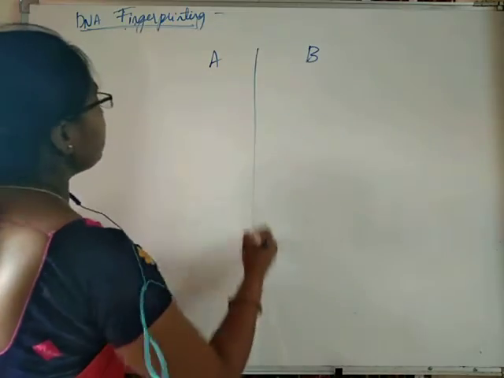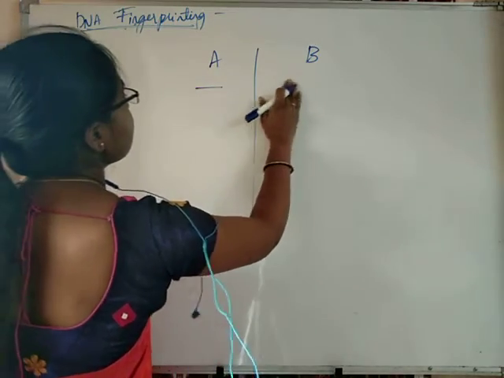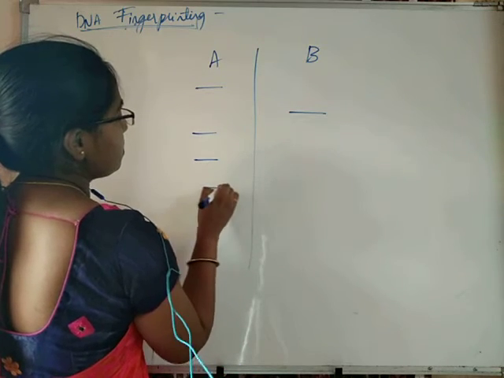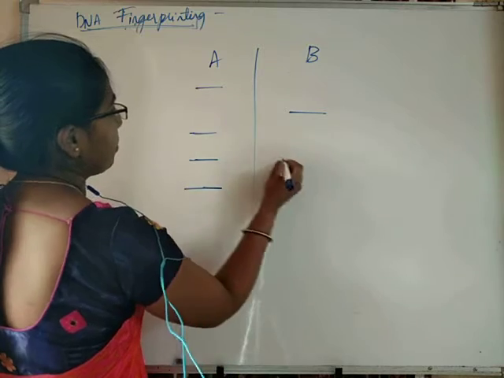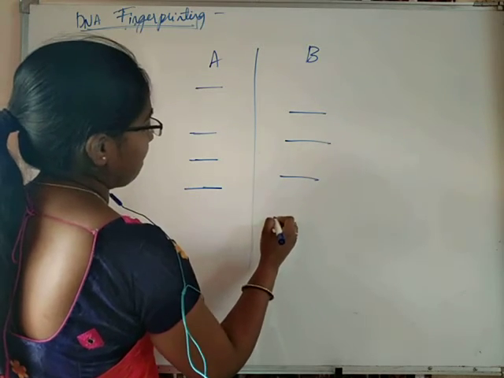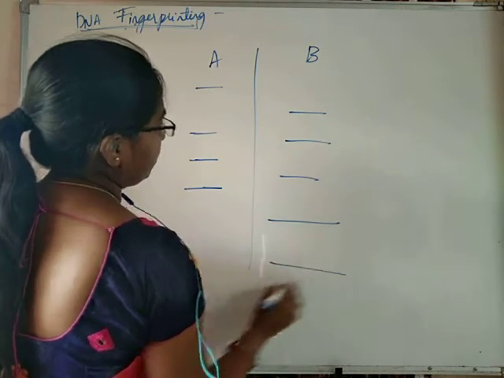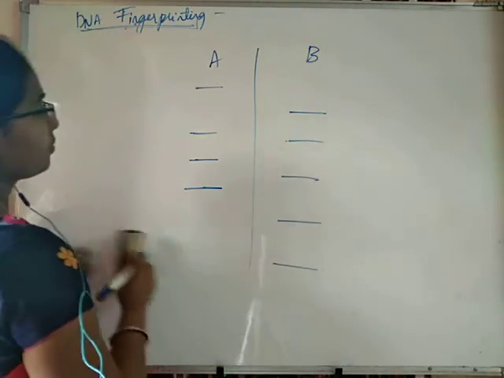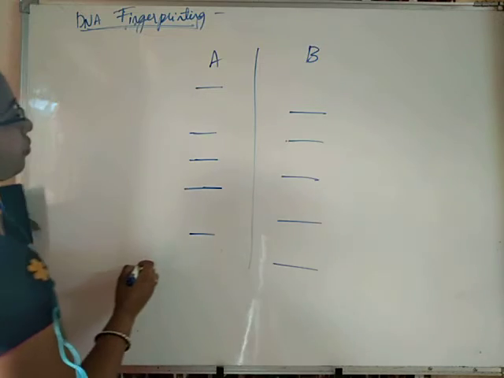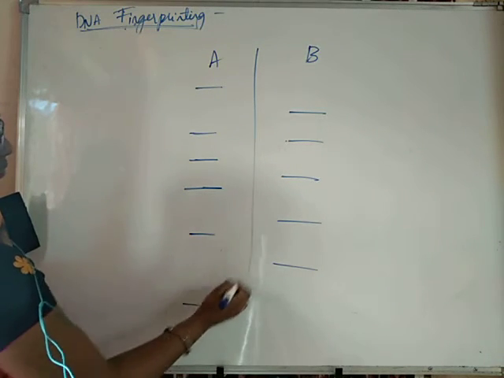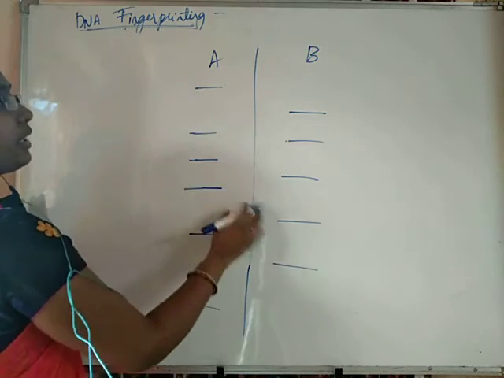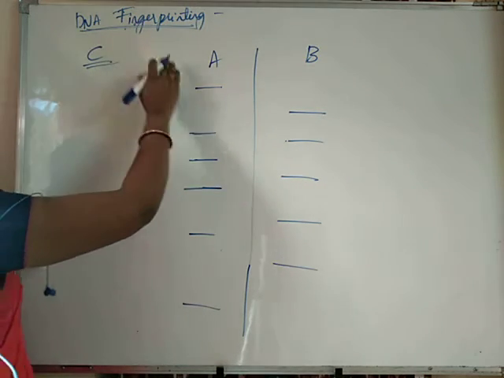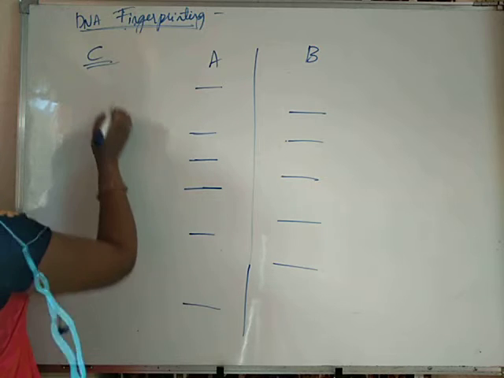So we are taking two individuals A, B. In the same way, the radio label film will appear, and now we have the individual C. We have to see who is the parent of this individual.